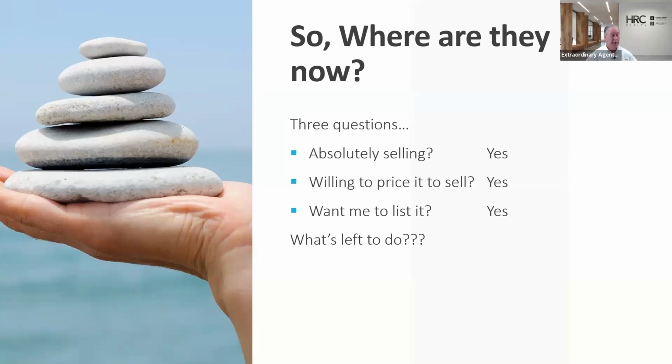There's nothing to do. They already told you the price. Was the price agreeable? If so, there's nothing for us to present. They want you to sell it. They're absolutely selling. There's nothing to present. And I want you to picture this. All right, great, so you want me to handle it.